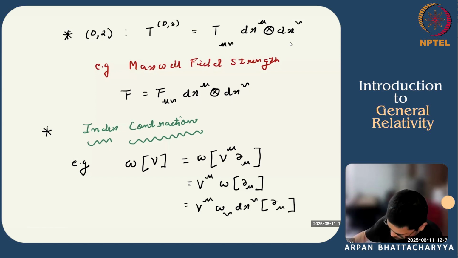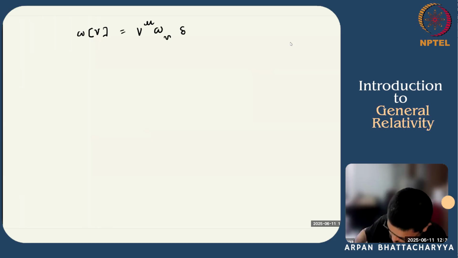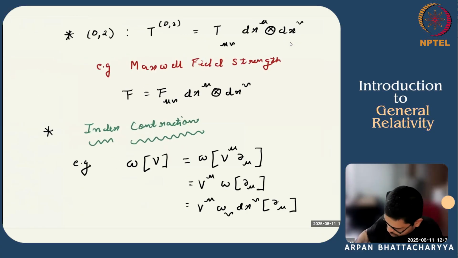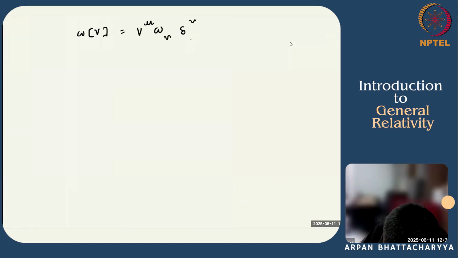So omega acting on v is nothing but delta nu mu, let's write it down, delta nu mu.